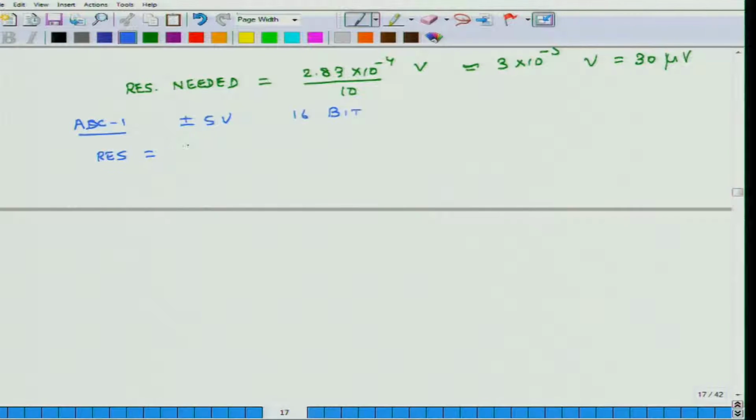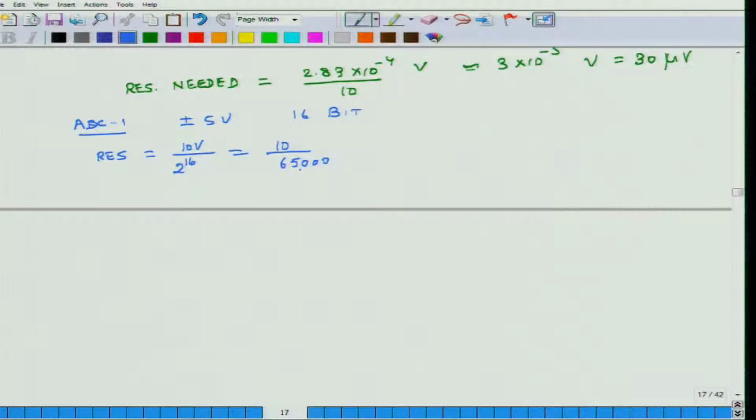Resolution equals range, which is 10 volts, divided by 2 to the power of 16 minus 1, but I am just ignoring minus 1. So this is 10 divided by 2 to the power of 16, which is roughly 65,000.